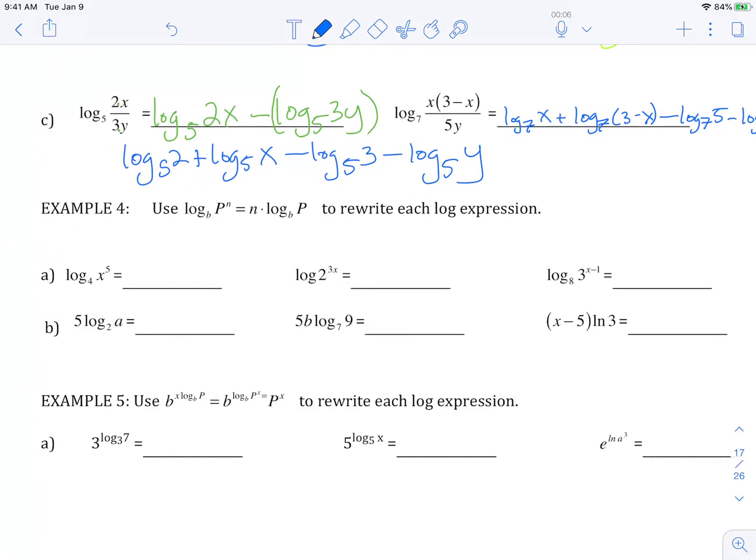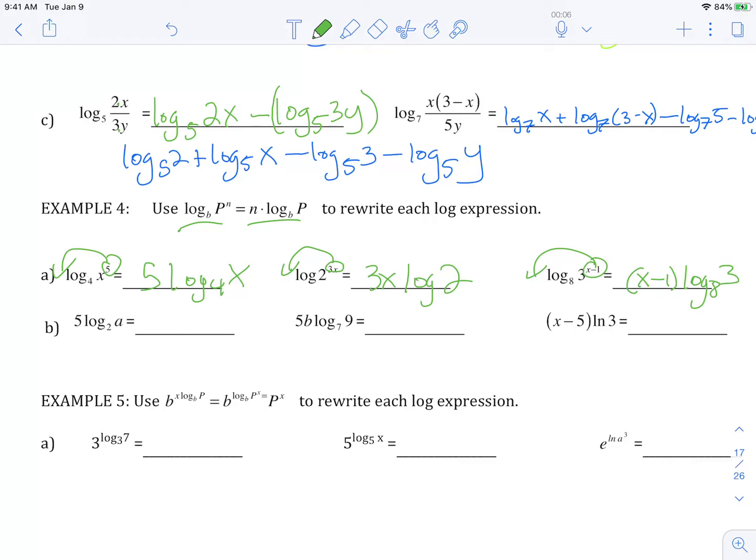Okay, over here, again, this is the property we're going to probably use a lot more than the other ones when we're solving. All they're saying is if you have an exponent, you can just move it right to the front. So this becomes 5 log base 4 of x. This becomes 3x log 2. This becomes parentheses x minus 1 log base 8 of 3.